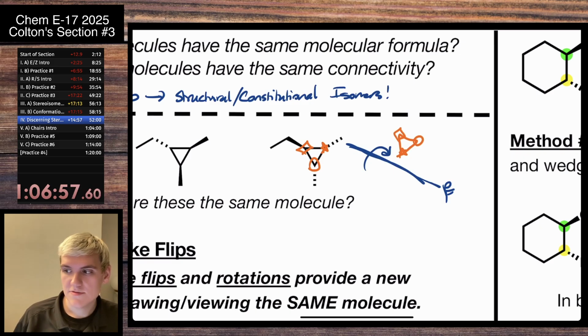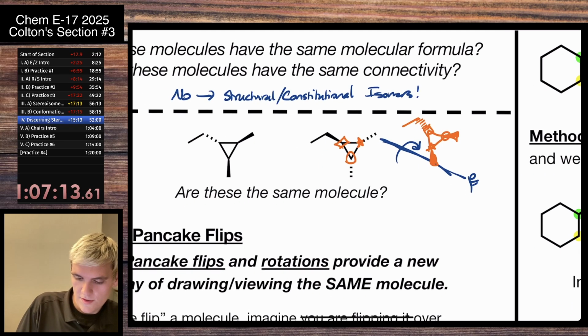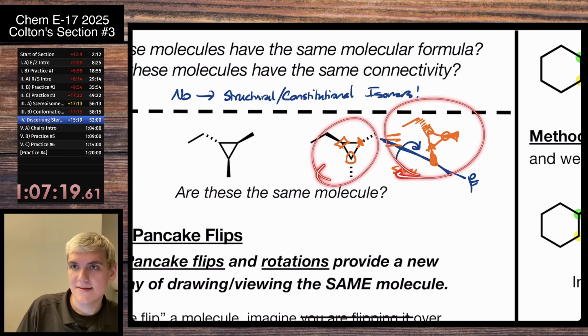So now I just need to swap the wedges and dashes of everything. So circle and star both had methyls, but they were both on dashes originally, so now they're both on wedges. And then the square had an ethyl that was on a wedge, so now it needs to be on a dash. So I have just redrawn the same molecule as this right one. Now this to this.